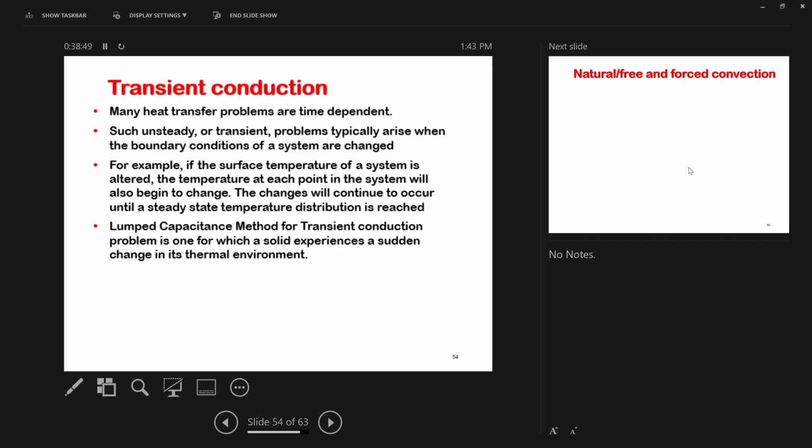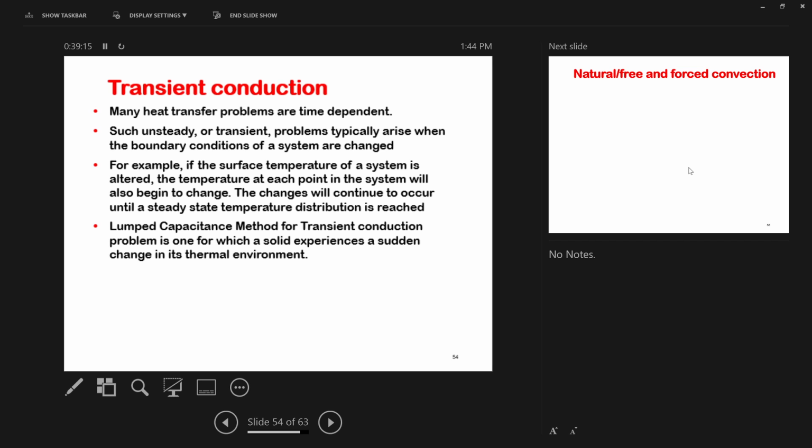To be able to analyze this type of transient condition, we have a method called the lump capacitance method. Let me use the board a little bit.